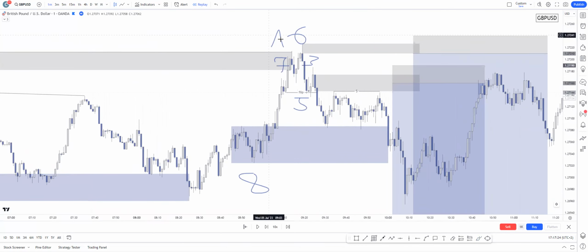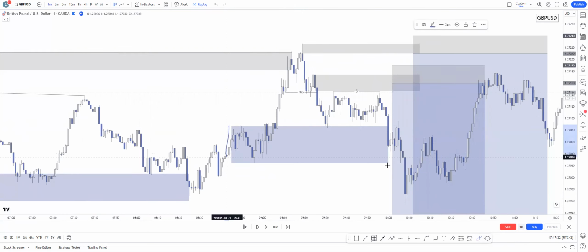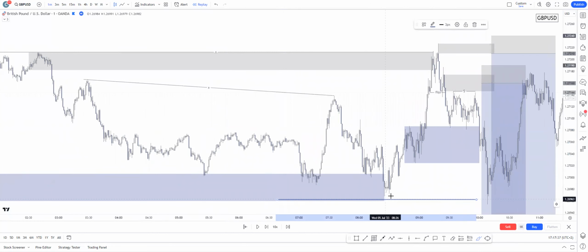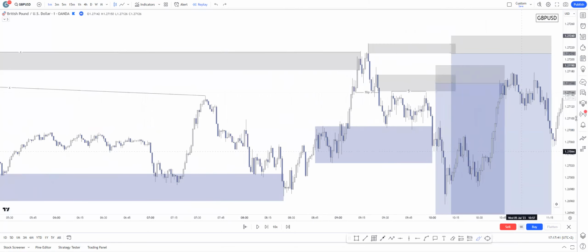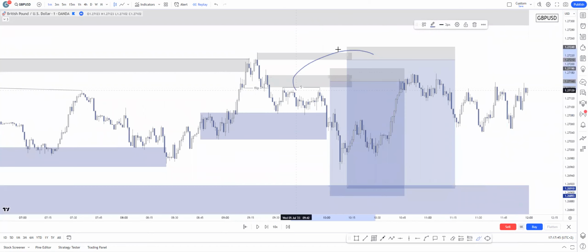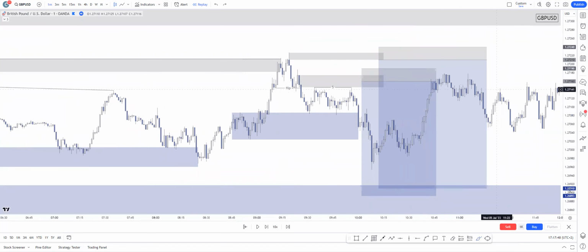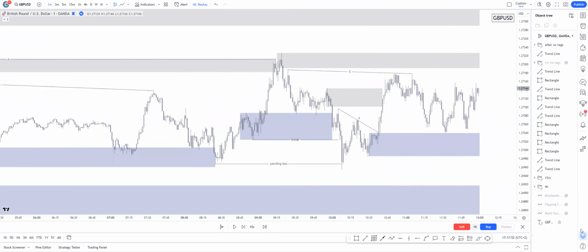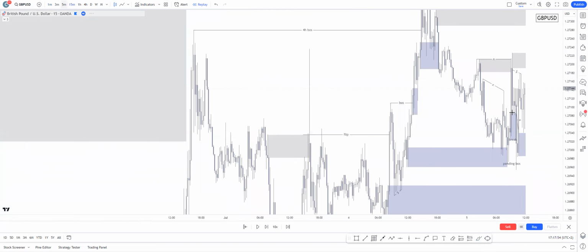I had a risk split order in this case, one on the decision and one on the extreme zone. As you can see, after the break of this demand right here, and actually after the sweep of this liquidity, after the sweep of these double bottoms, I decided to delete my limit orders on these zones, and I was waiting for a new confirmation entry on the newly formed 5-minute zones right here.